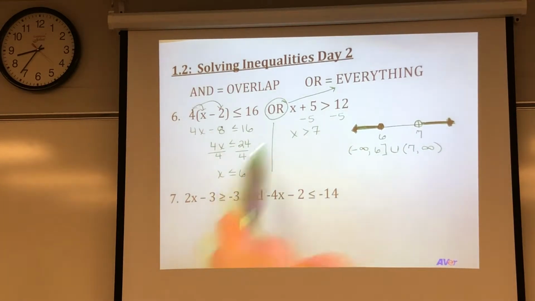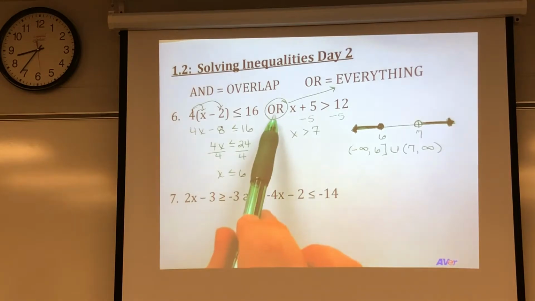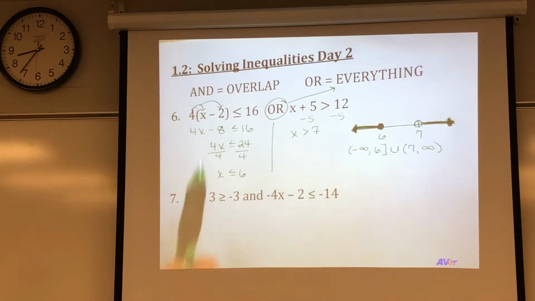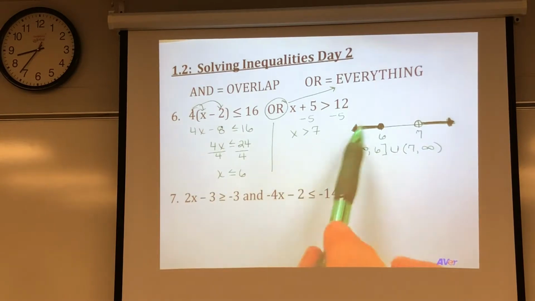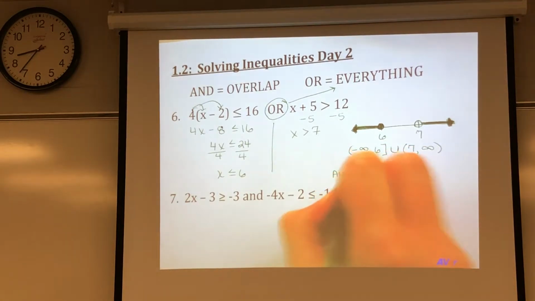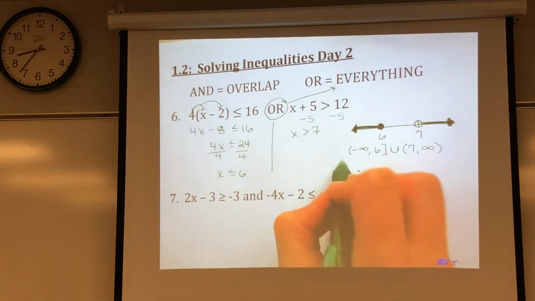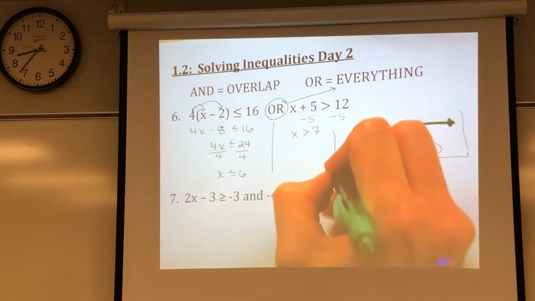Okay, so we have our 2 inequalities, our graph, and our interval notation. Now, if the word in the middle said and, we wouldn't solve it any differently. This would be the same, this would be the same, our graph would be the same. But if we had the word and, our interval notation would be quite a bit different, because here's our actual answer.